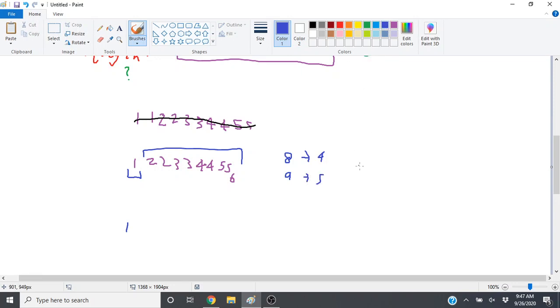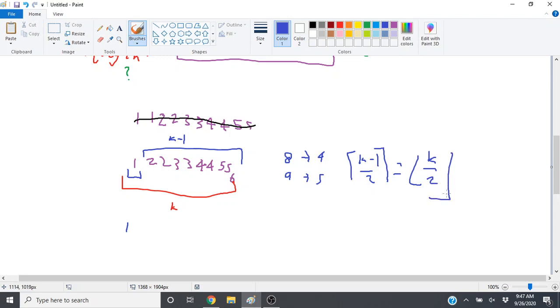So we can summarize this casework as the ceiling of, if this sequence is length k, we're interested in the length of this one, which is length k minus 1. And so it's the ceiling of k minus 1 over 2. Mathematically, this is equivalent to the floor of k over 2. You can work that out on your own. But basically, the number of distinct elements we have is bounded above by 1 plus floor of k over 2.